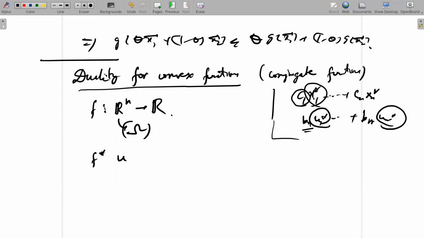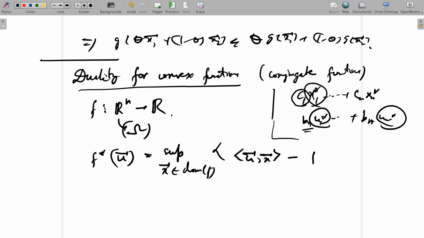Now, given a vector u in Rn, f star of u is equal to the supremum over x belonging to the domain of f, let's say omega, of this quantity, u dot x minus f of x. So this f star is known as the conjugate of f.